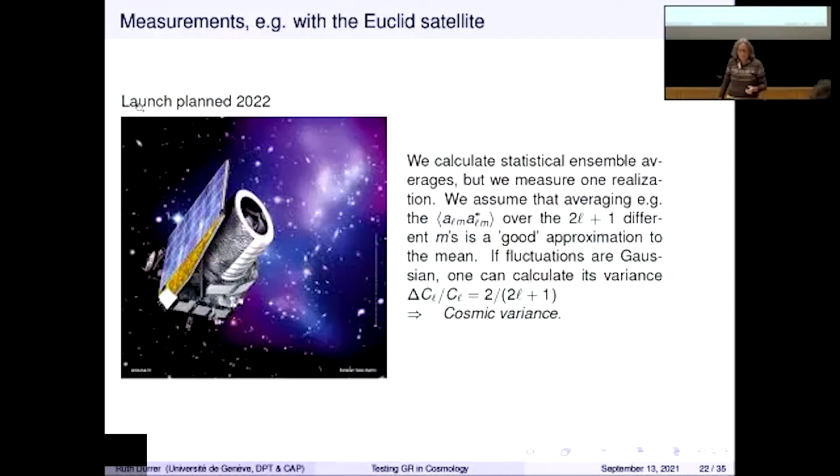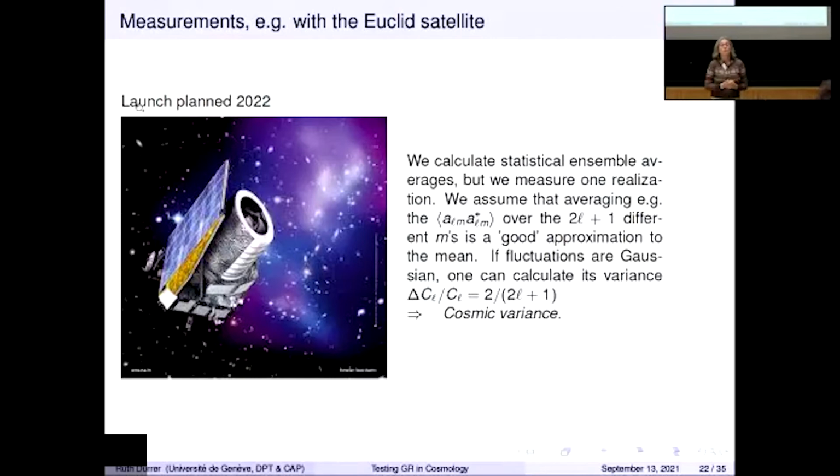One can show under the assumption of Gaussianity, we can actually generate an estimator for these C_Ls, which we can truly measure, and we can calculate its variance. And we find that actually the variance here is given by 2 over 2L plus 1, if we assume that the fluctuations are Gaussian. This variance is called cosmic variance.